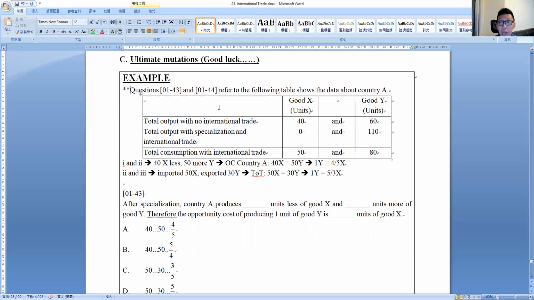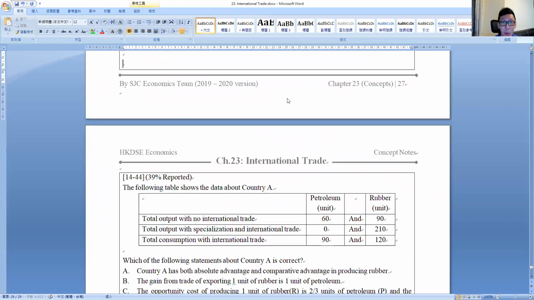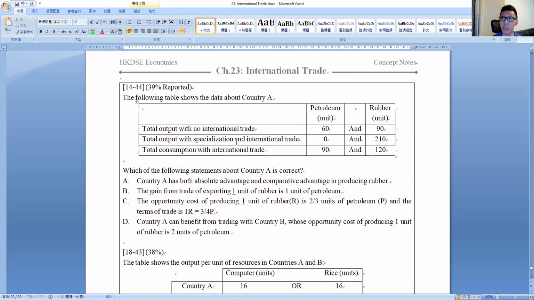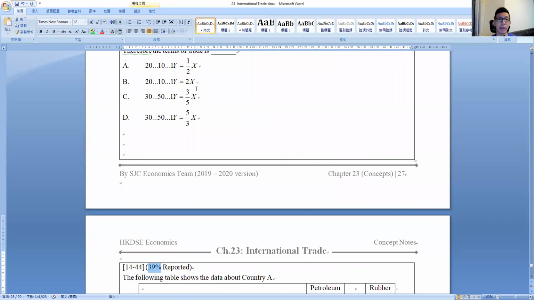Because a long time later, in 2014, the exact same question appeared. Look at the percentage, 39%. So you can guess these 2 questions are also around 30-something%.